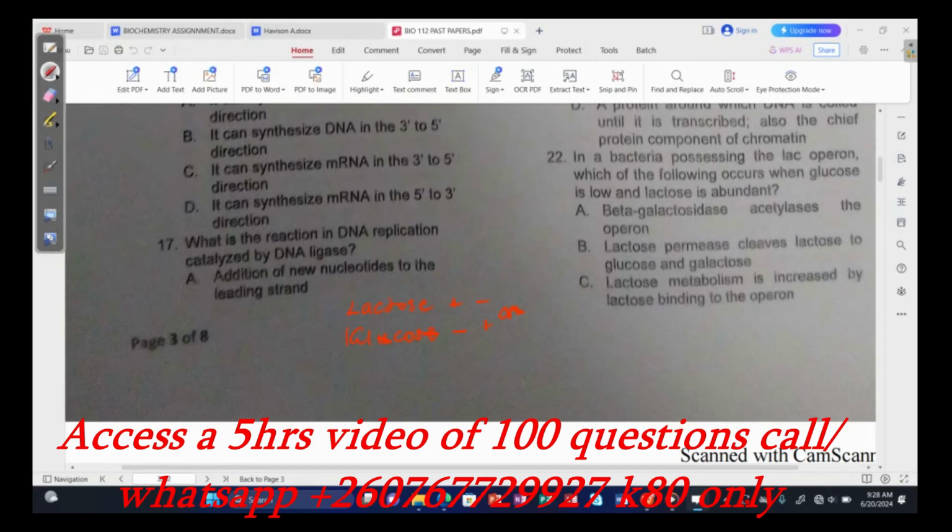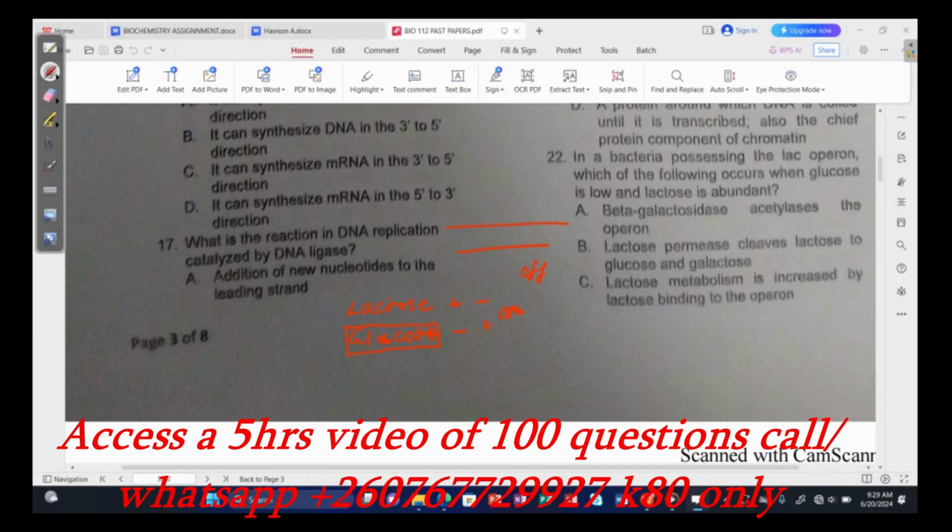The reason why bacteria utilize glucose is because glucose, in its simplest form, is a monosaccharide. So there is no need for the bacteria to break this glucose down because it is already a simple sugar. So it's going to utilize this glucose, and there's going to be no expression of those genes. The structural genes are not going to be transcribed, hence the lac operon will be off in that case.